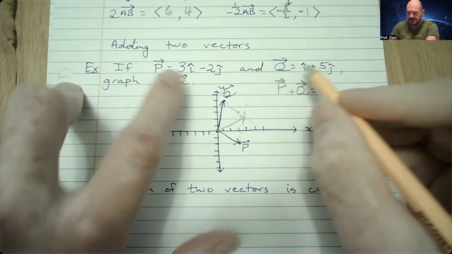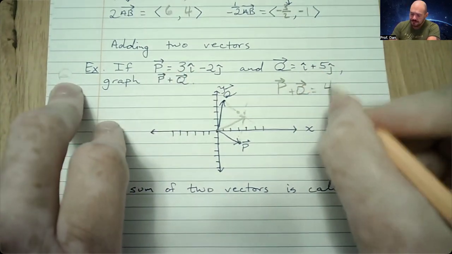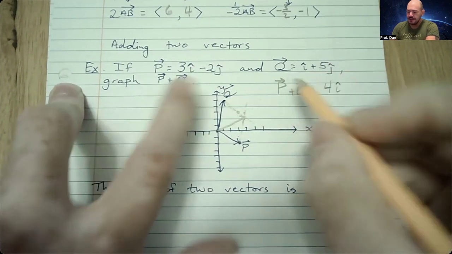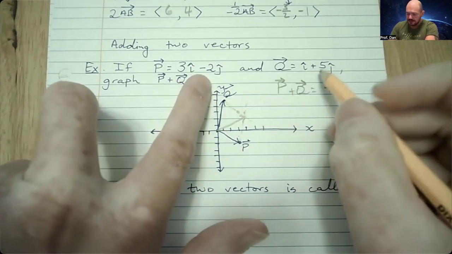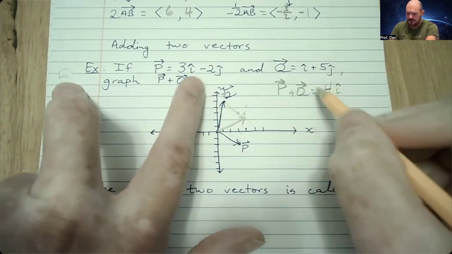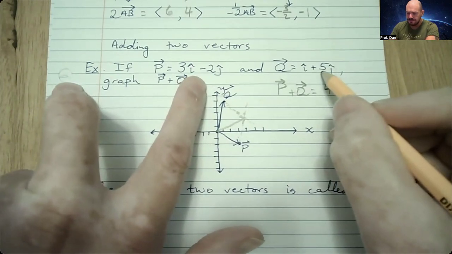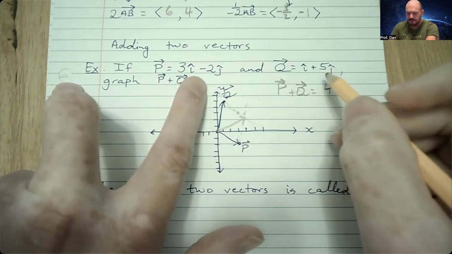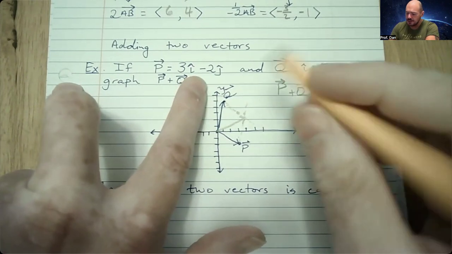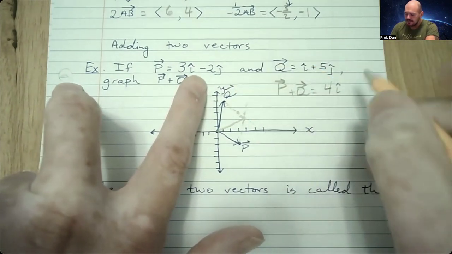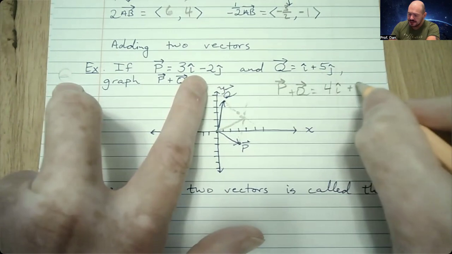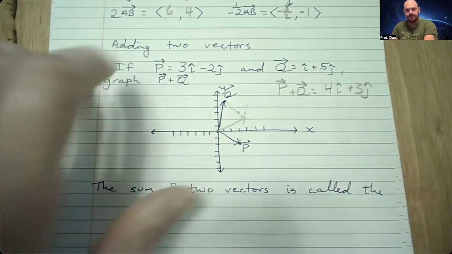That would be 3 plus 1. So 4i, and a vertical component of positive 3, so plus 3j.